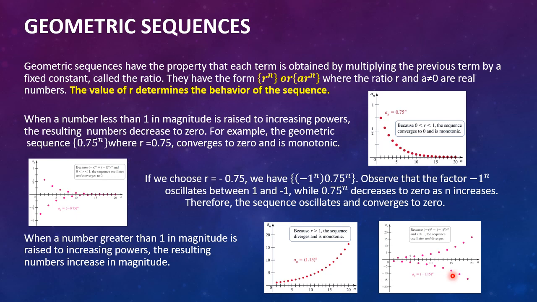And finally, the last one is negative 1 to the n times the same thing, 1.15 to the n. Again, we see it oscillating on both sides, positive and negative, but it doesn't converge to anything. It's still diverging. So it's oscillating and diverging here.